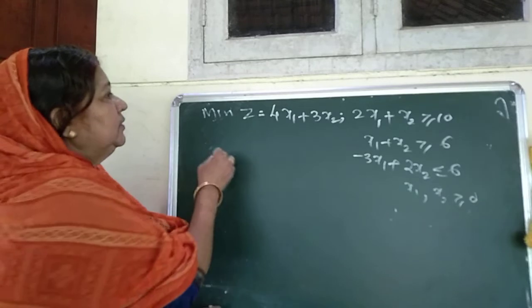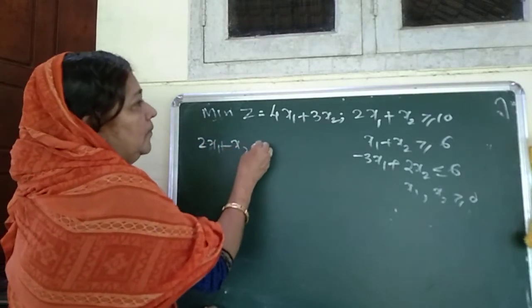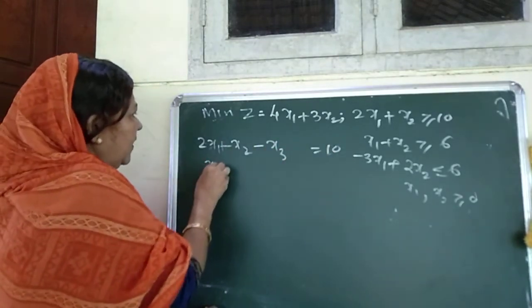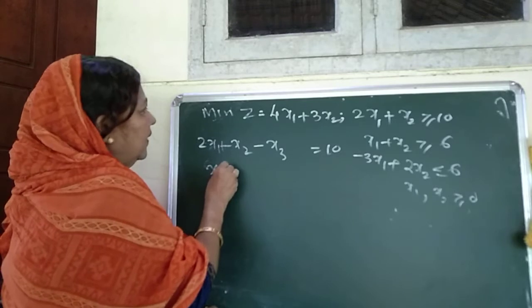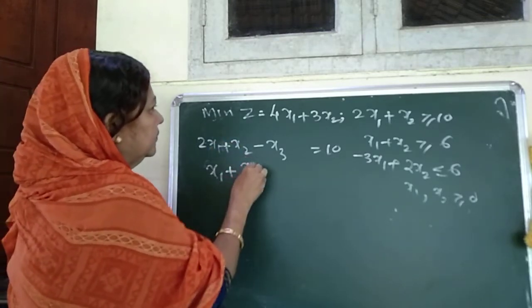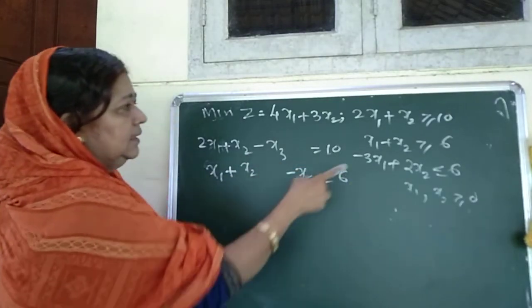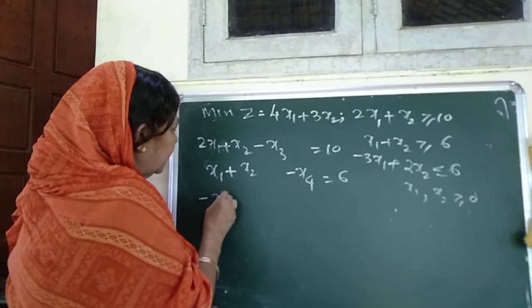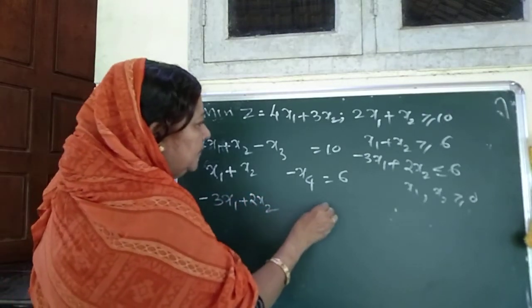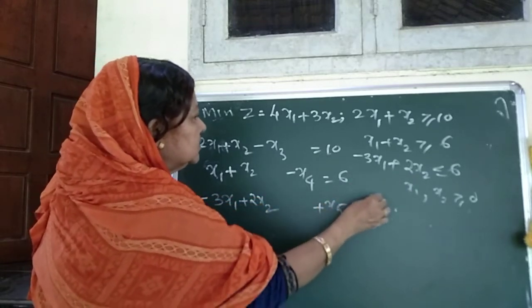So 2x1 plus x2 minus x3 equal to 10, x1 plus x2 minus x4 equal to 6, minus 3x1 plus 2x2, here it is less than, so plus x5 equal to 6.